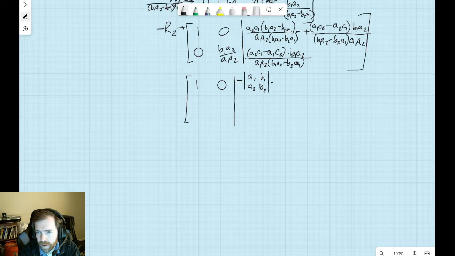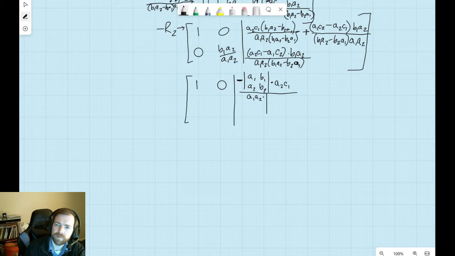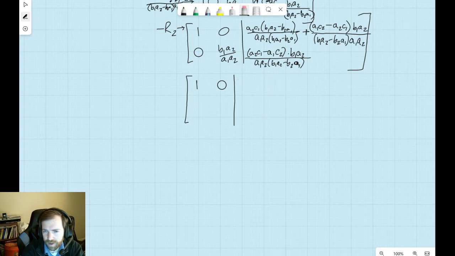Okay, multiply by A2, C1, divided by A1, A2, multiplied by the determinant of, this is A's and B's, and again, oh, wait. Right, so those things need to combine. Argh. Try again. Alright, these things need to combine. Let's do that algebraically first. Makes way more sense going this way.